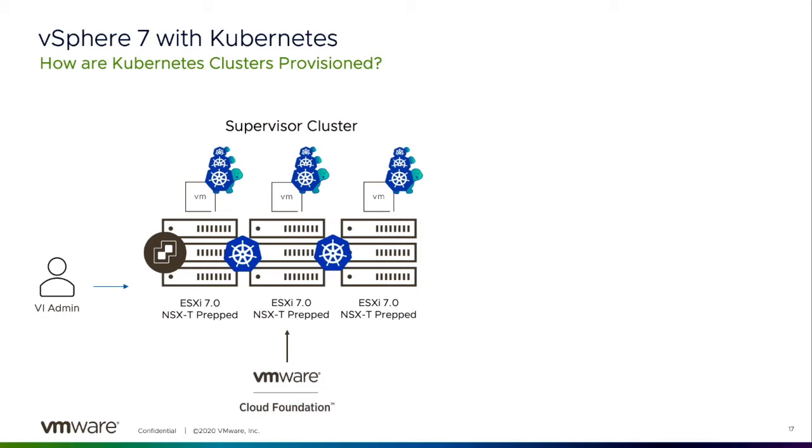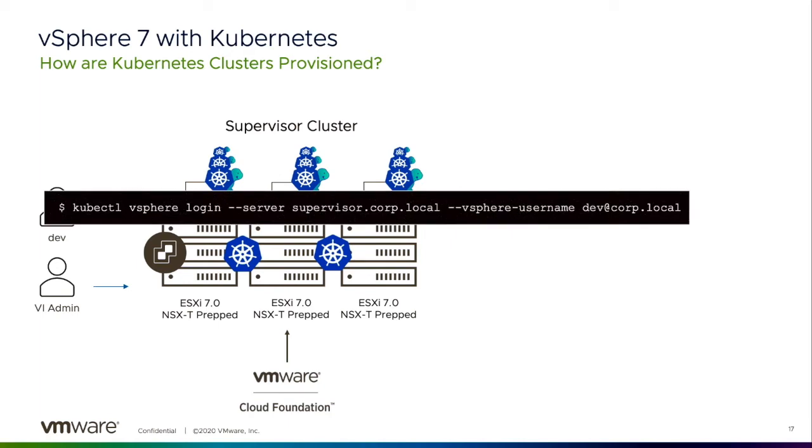So we're really turning the ESXi hosts and the vSphere cluster into a Kubernetes cluster, and we're also installing management components that will allow developers to deploy their own workload clusters, as we call them, via Cluster API style declaratives. This is what comprises the supervisor cluster, and this is the management endpoint for creation of Kubernetes clusters and other resources in the environment using Kubernetes style declarative APIs and YAML configuration files.